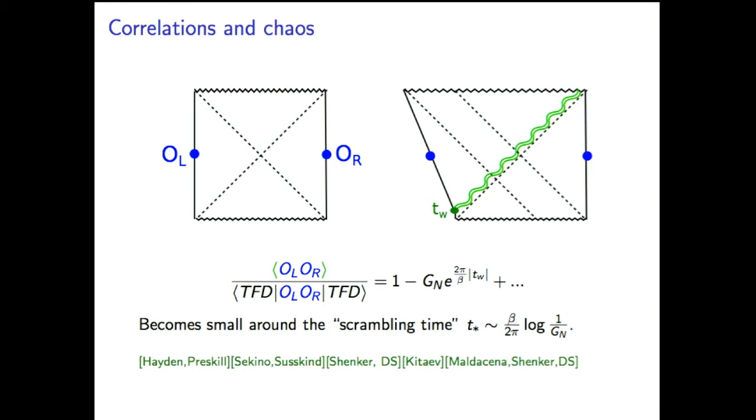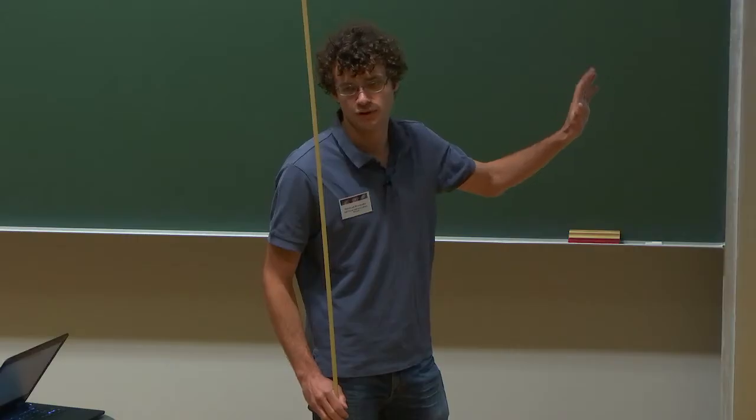But it's also proportional to this growing exponential of the time difference between the place where you insert this operator and t equals 0. So this can have a large influence if the time becomes of order the scrambling time, which is logarithmic in 1 over g Newton. This has been recognized as a symptom of chaos in the boundary theory.